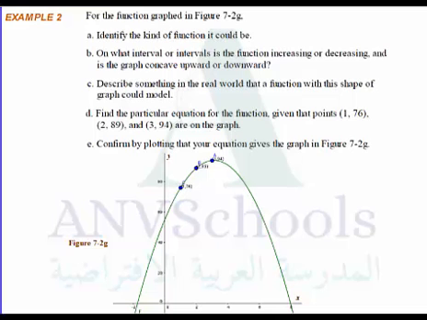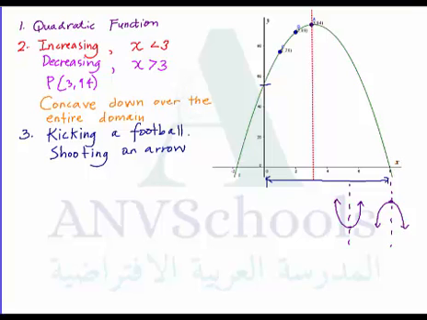Letter D, find the particular equation for the function given that points (1, 76), (2, 89), and (3, 94) are on the graph. So we have specific points here. What are those points?